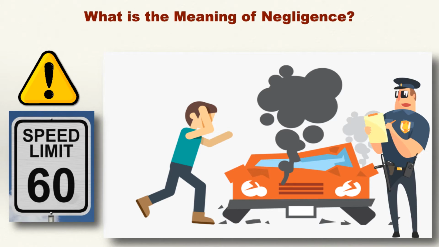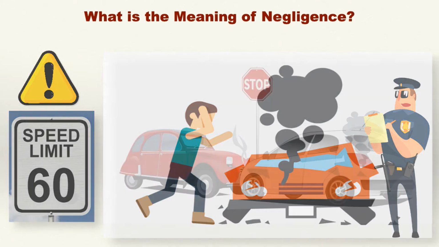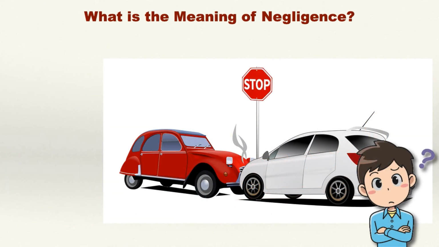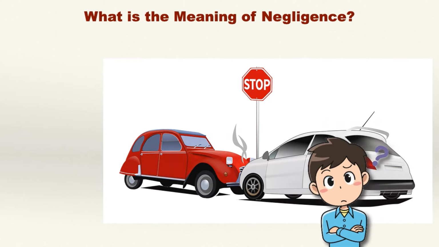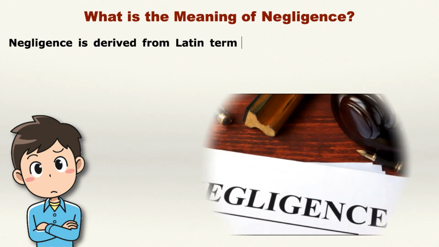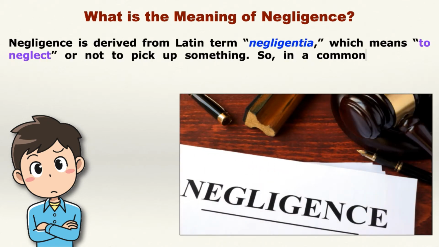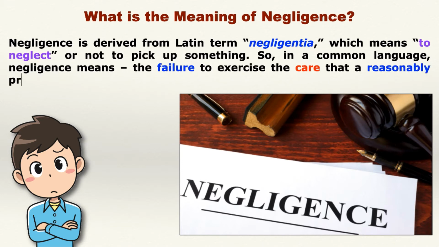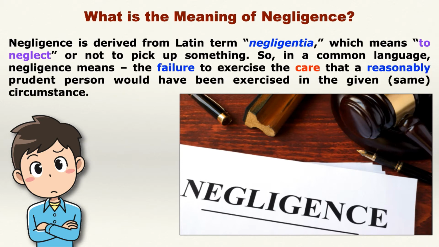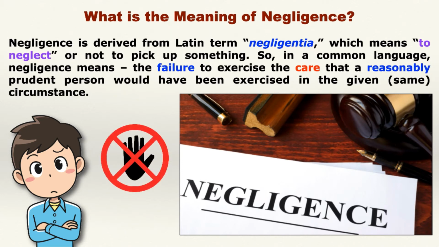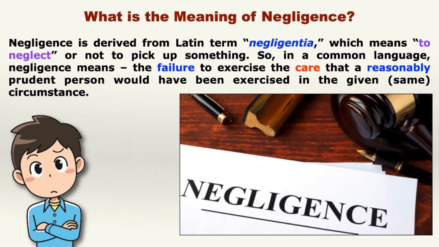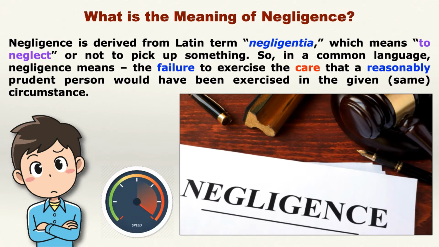Now let's check out the legal terms, legal definitions, and legal explanations of negligence. Let's begin with the first one: negligence is derived from the Latin term negligentia, which means to neglect or not to pick up something, as we have seen in the example of exceeding the speed limit, crossing the given caution.